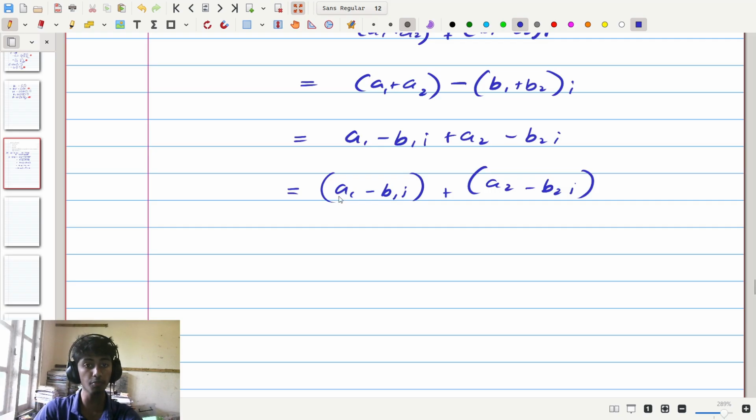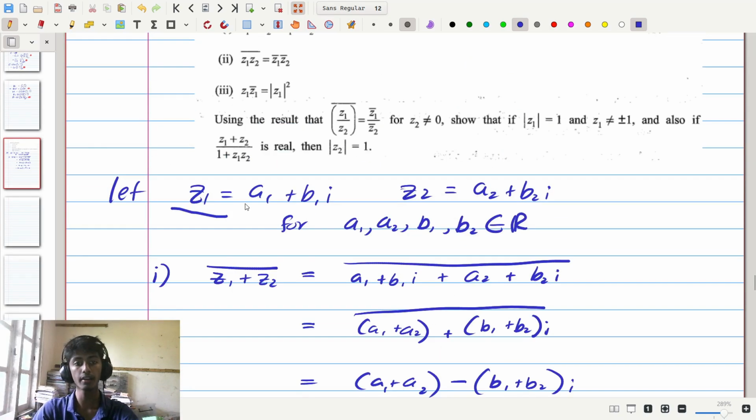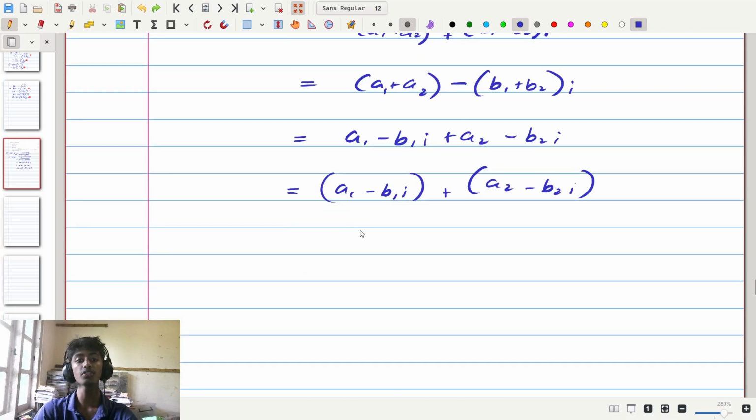Considering the first part, since Z1 is equal to A1 plus B1I, the conjugate of Z1 would be A1 minus B1I, which is exactly what we have in this bracket here. Therefore the first bracket simplifies to Z1 conjugate.